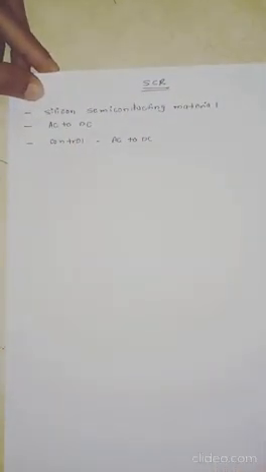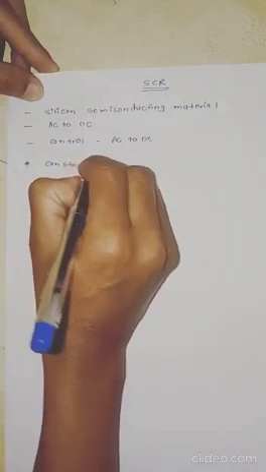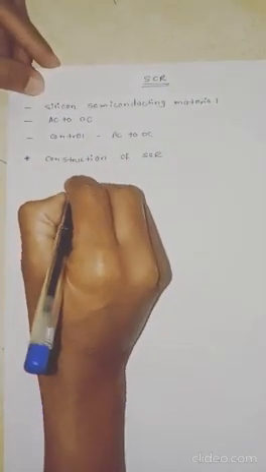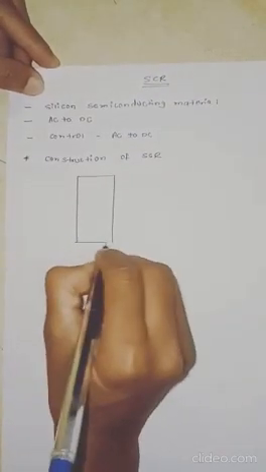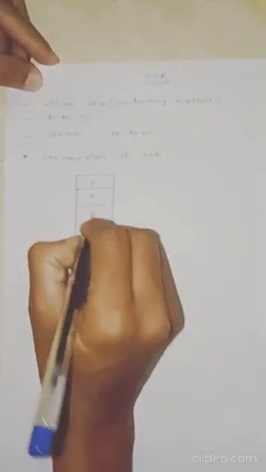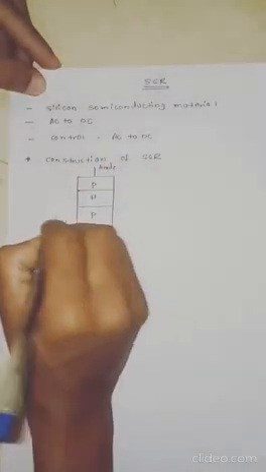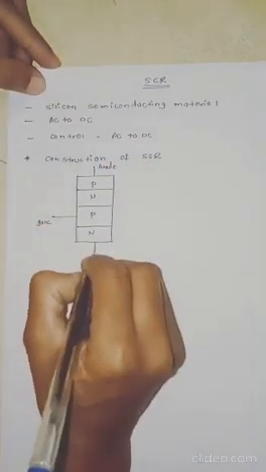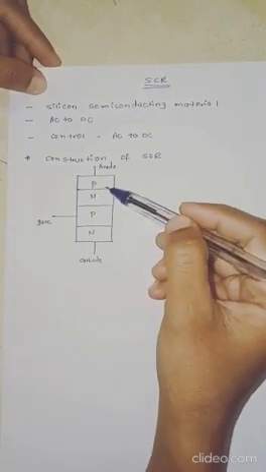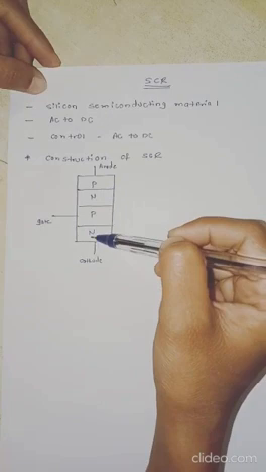Now let us see the construction of SCR. It consists of 4 layers of semiconducting material, that is P region, N region, again P region and N region.